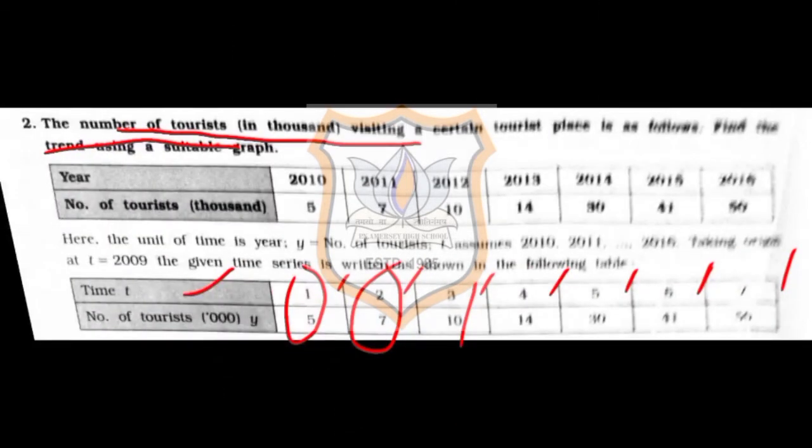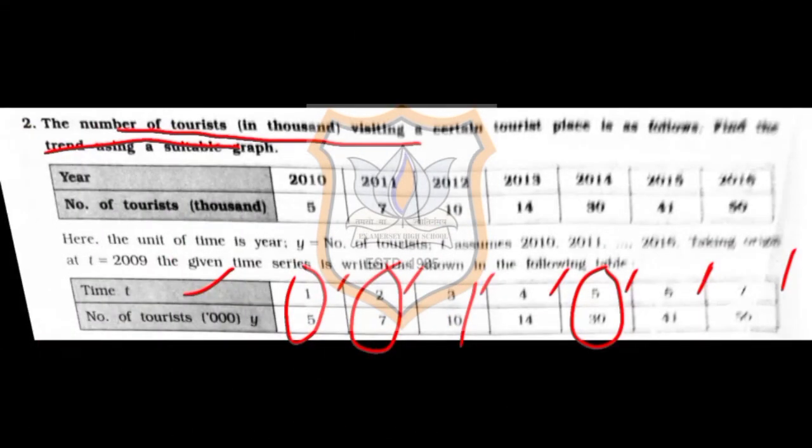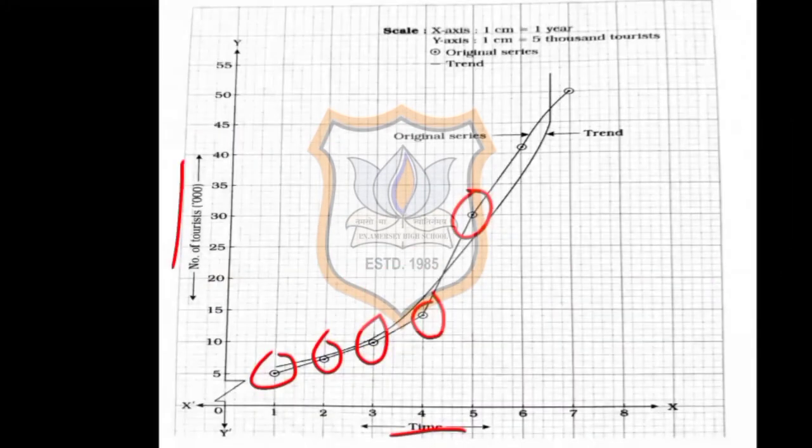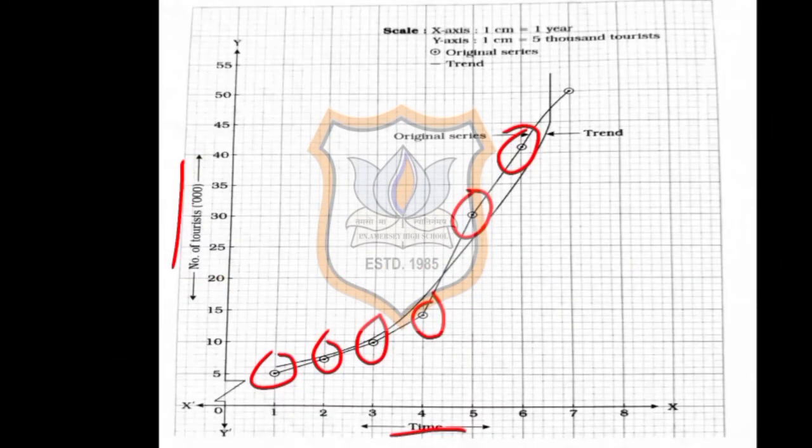For 5 it is 30. This is the value. For 6 it is 41. So for 6 this is the value, that is 41. And the next value, for 7, is 50.